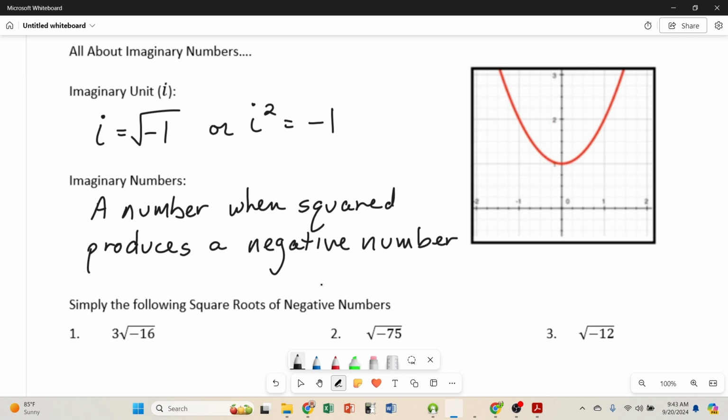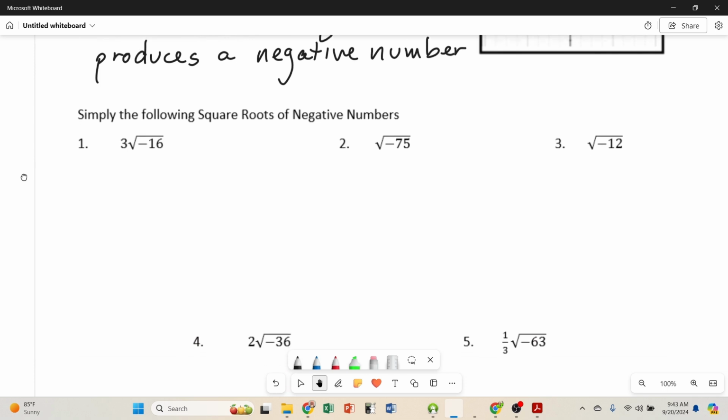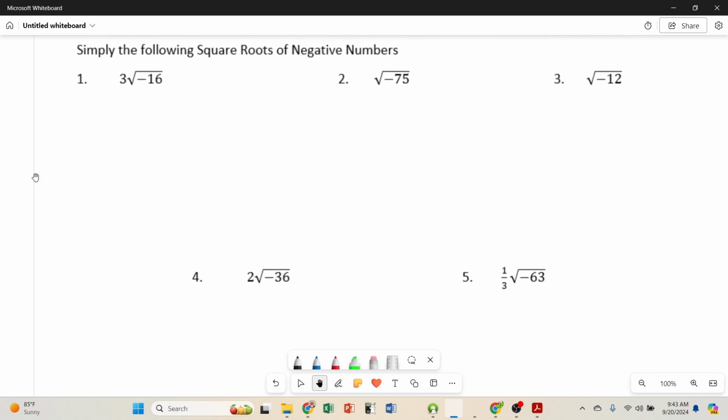So how do we do these? Well, what we're going to do is simplify these square roots of negative numbers as part of our process. The first thing we do is, if the number is negative, we take this apart. So this would be 3 times the square root of 16 times the square root of -1.